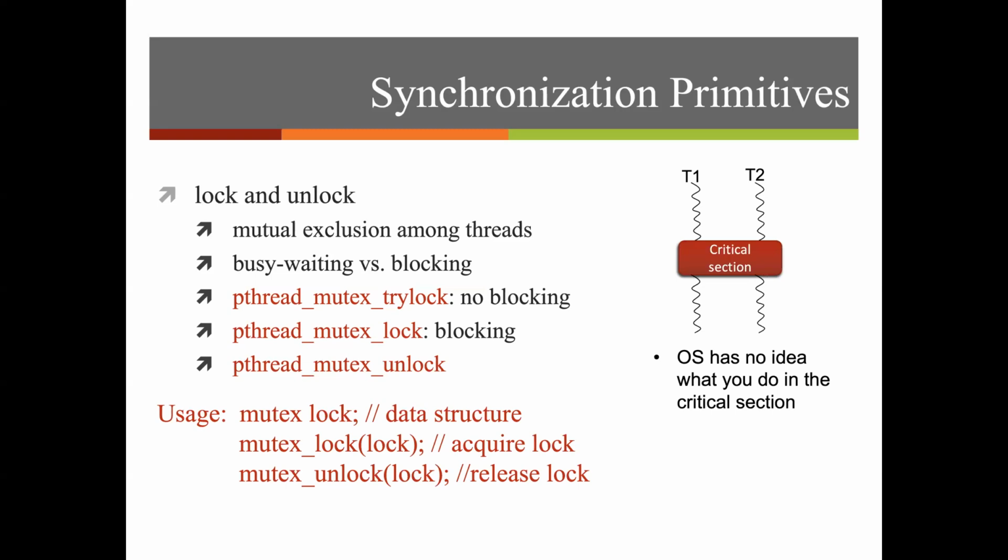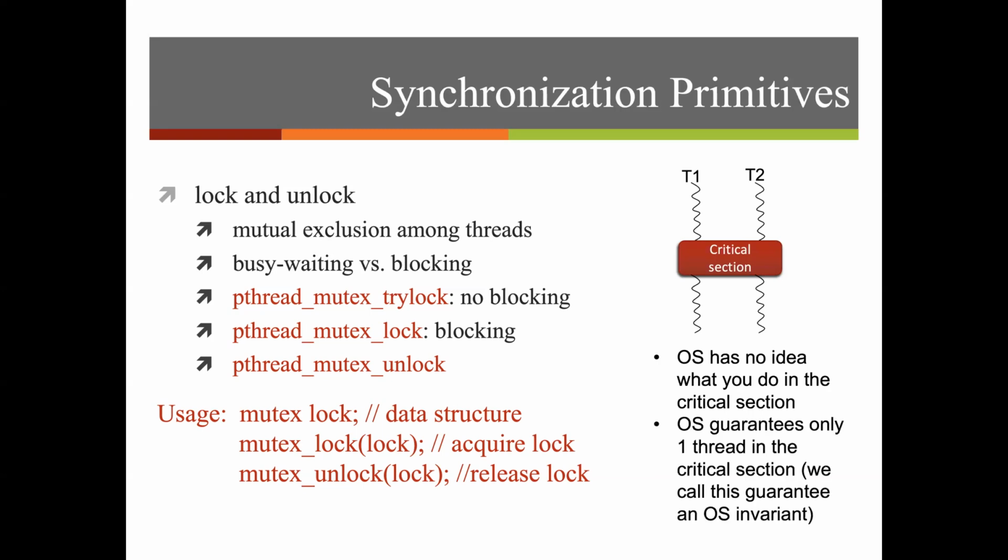And so when a program is executing, the operating system has no idea what you do in the critical section. The OS will guarantee that only one thread in the critical section can be used. We'll refer to this as a guarantee in the OS, an invariant.